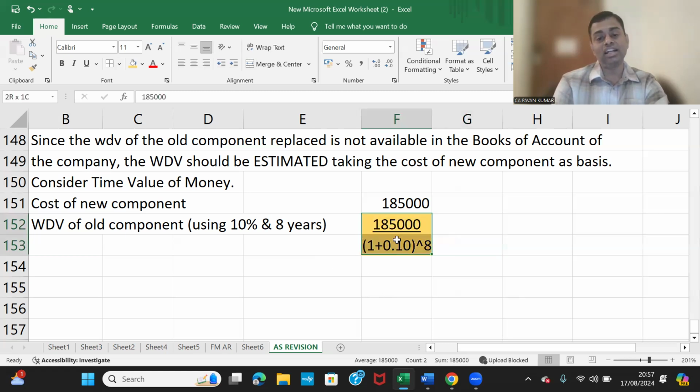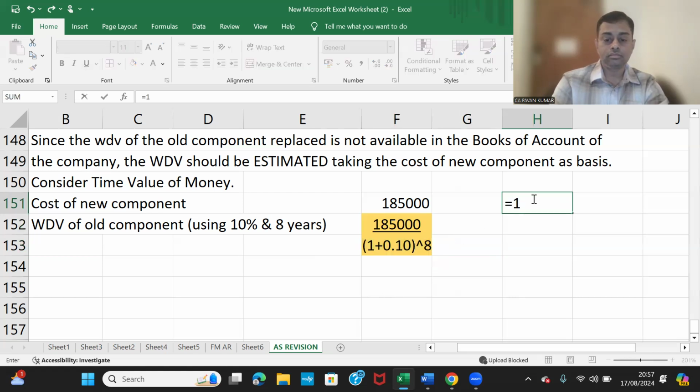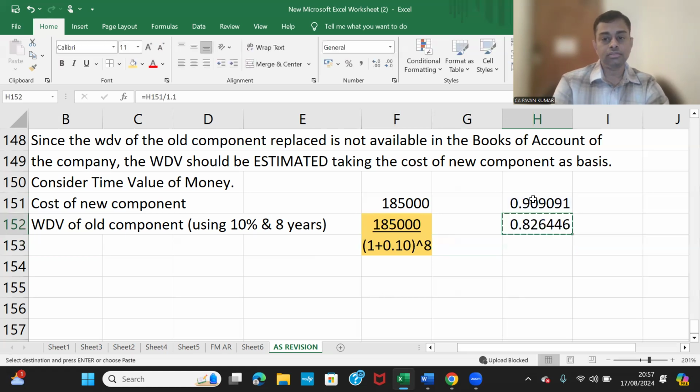Can someone please calculate this and tell me how much it is? This is 1 year. This is 2 years. 3, 4, 5, 6, 7, 8.